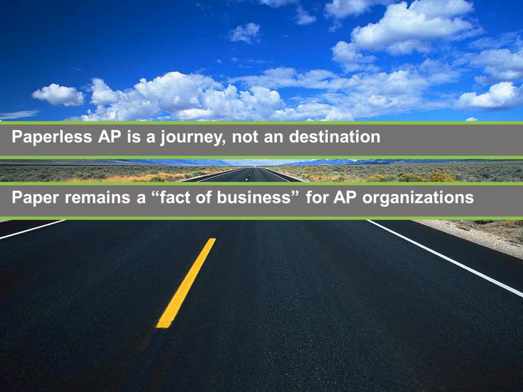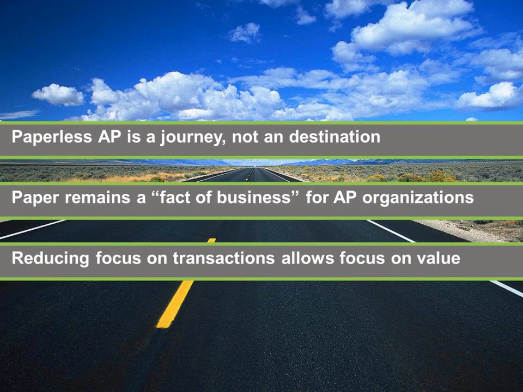Second, paper is a fact of business for AP organizations. And so while some industries and some organizations are better able to conduct electronic transactions, or at least a higher percent of electronic transactions, I think the world, at least as far as we can see, is going to have to accommodate some level of paper. And so with that, you've got to plan your strategies and your technologies that can help you work through that. Reducing the focus on the transactional handling, keying data or routing paper or other documents allows you to focus on value.